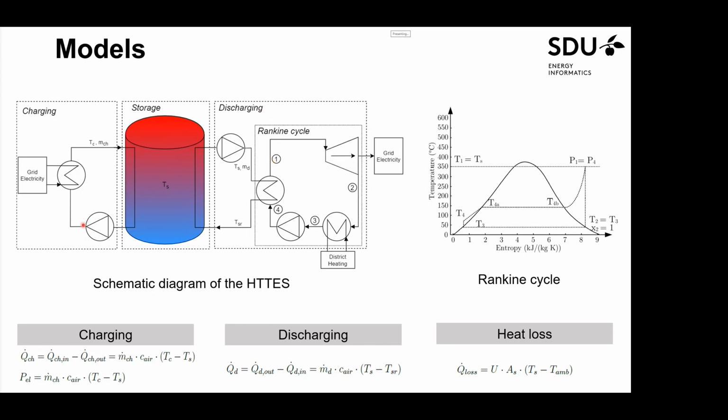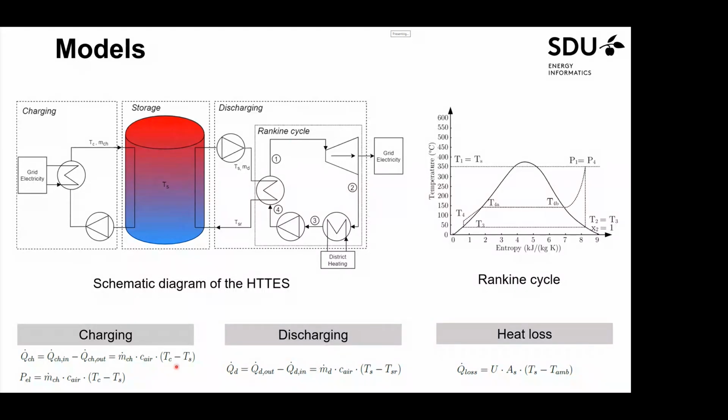In this system, we made a very simple assumption of one uniform temperature in the tank. Along with the Rankine cycle, we also have district heating, where you can use low level temperature water to charge the district heating, which can generate some benefit.